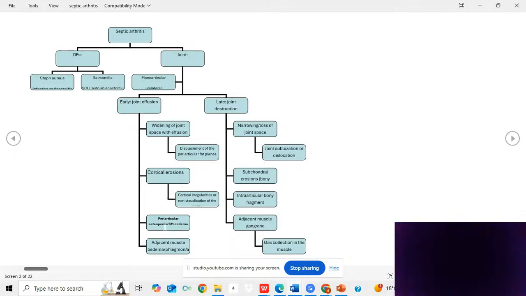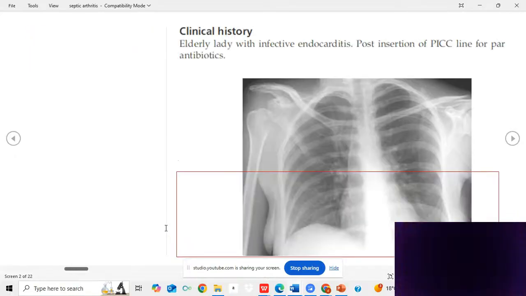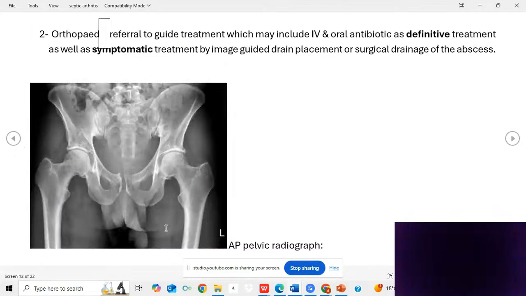Periarticular osteopenia or bone marrow edema. Bone marrow edema is seen on MRI. Periarticular osteopenia or decreased density of the bone on both sides of the joint is a sign of early septic arthritis.